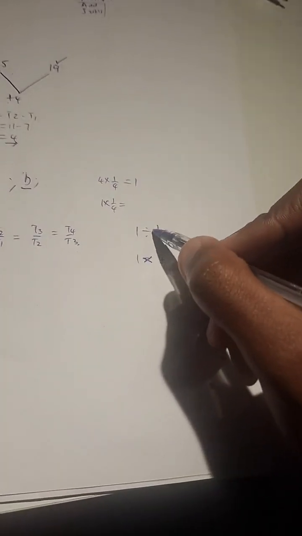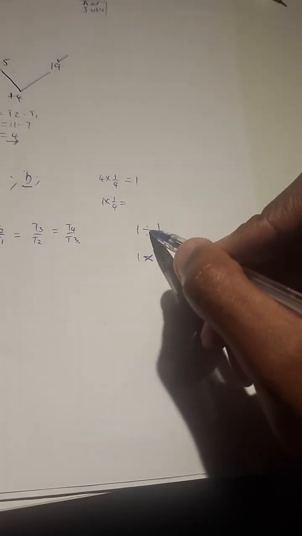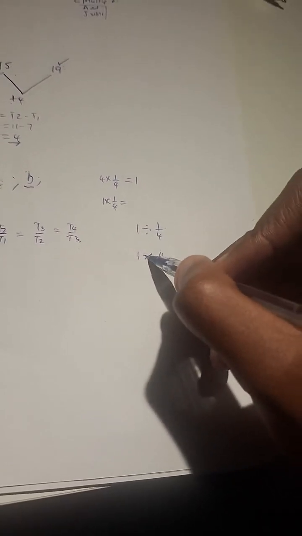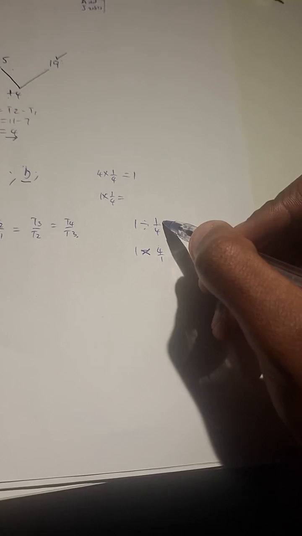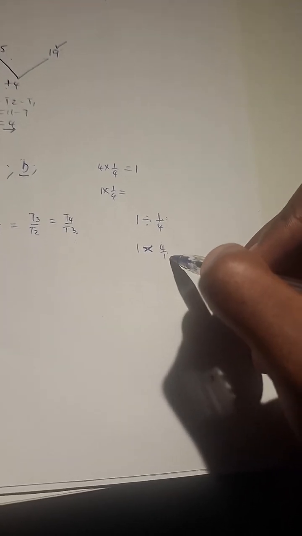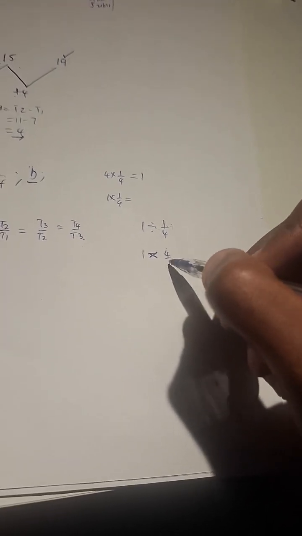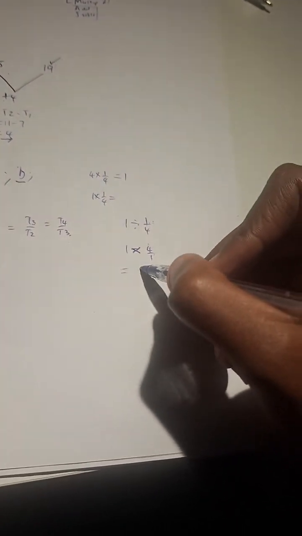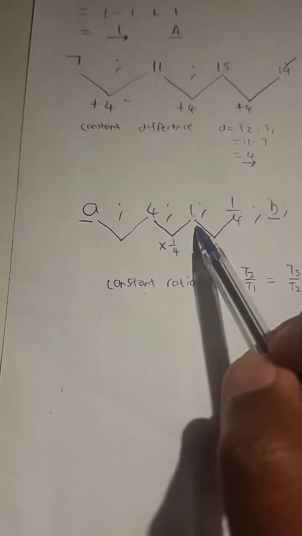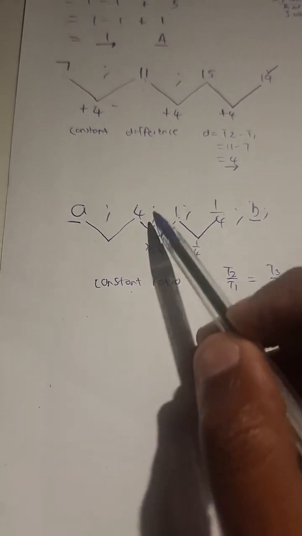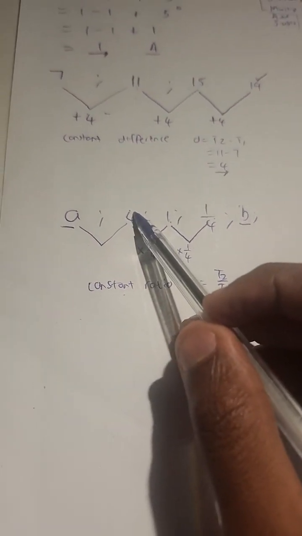Remember, when we are dividing fractions, we can change the division to multiplication, and then the fraction inverts. Yes, it is grade 9. So it becomes 4 over 1, and 1 times 4 is 4. That's how, when we say 1 divided by 1 over 4, we get this 4 back.